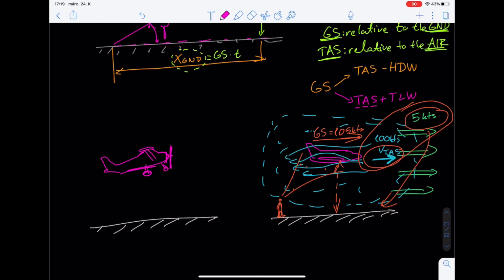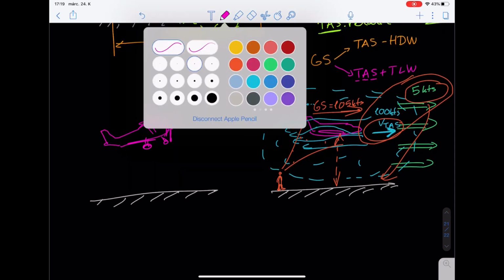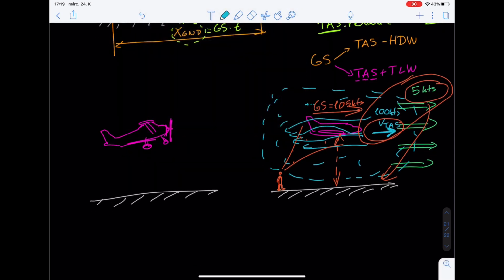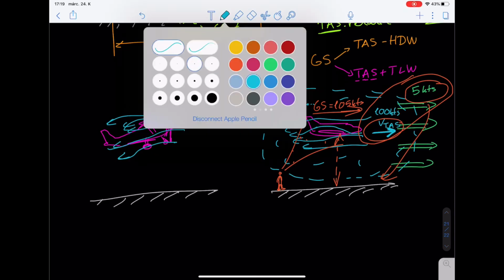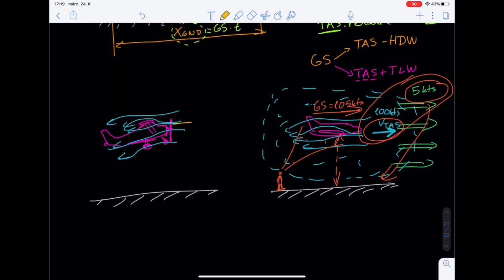So I have this Cessna in the air, and maybe it's going around almost at its stall speed, but it's moving relative to the air with, let's say, 50 knots.